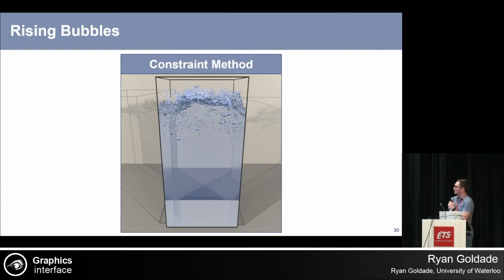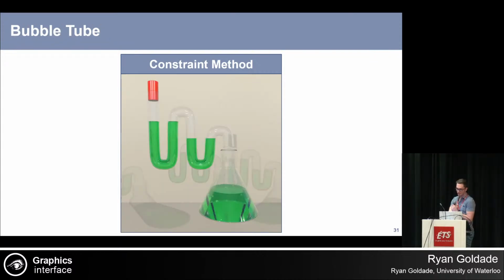And in each case, each bubble is just represented by a single incompressibility constraint. We never simulate the interior at all. And we can do more complicated methods. So in this case, this red piston will push down through the tube.